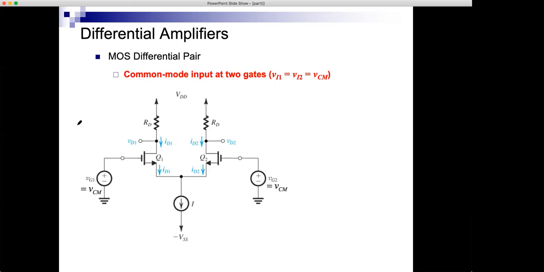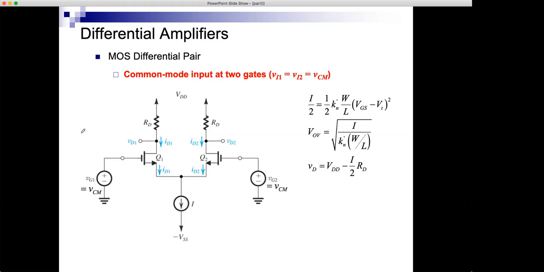When VI1, the common mode input, VI1 is equal to VI2 equal to VCM, we analyzed the situation, and we got that the two drains would be at exactly this level, and there's no signal. This doesn't depend on VCM. Whatever VCM is, I get just a DC level here. Doesn't react. This is the result that we discussed.